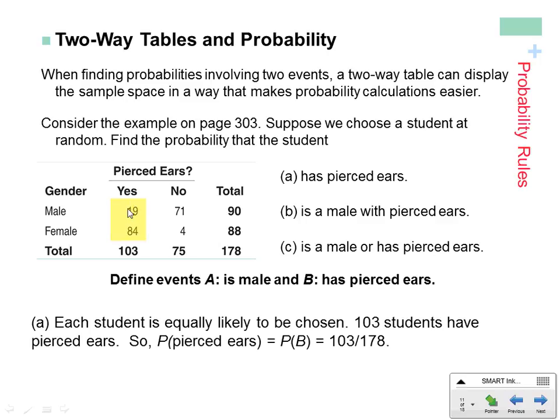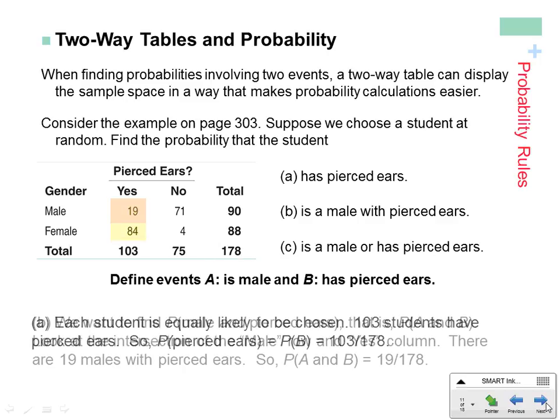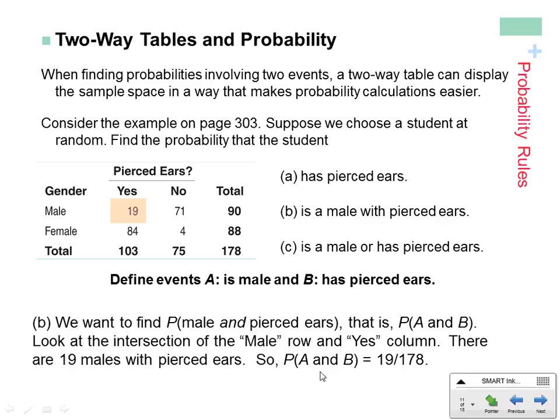Would you agree with that? It's where the males and the pierced ears come in contact with each other. So it's going to be 19 out of 178. When we say "and" statements, they both have to have that in common. It's what they have in common.